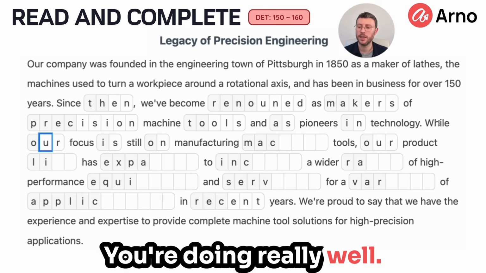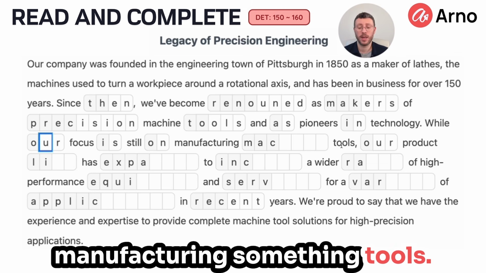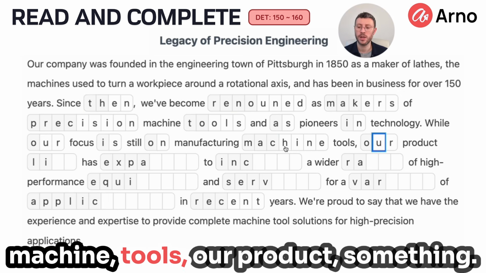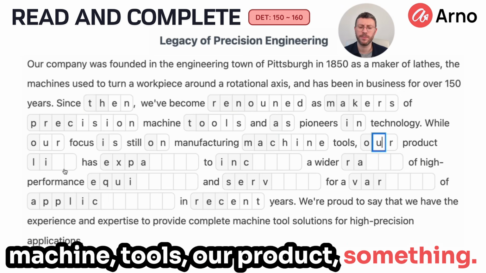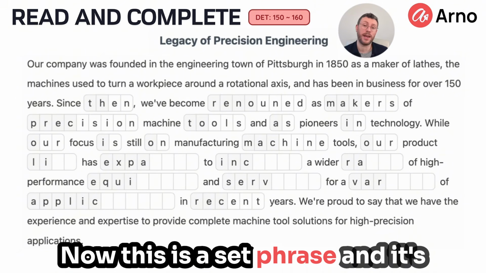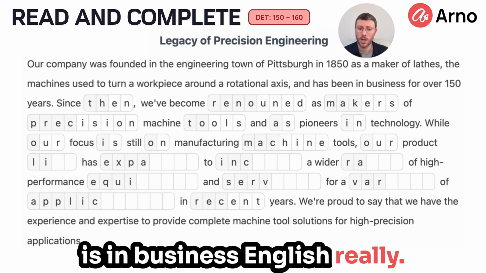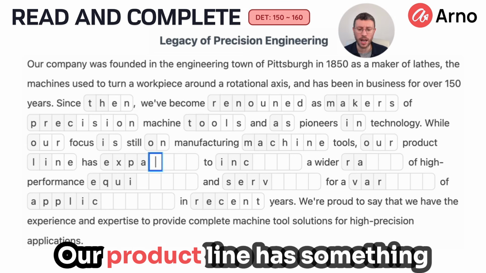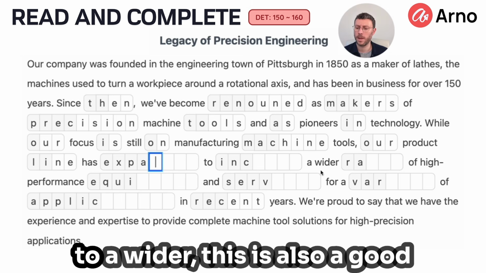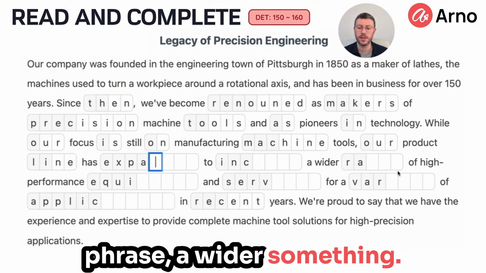Okay, you're doing really well. While our focus is still on manufacturing something tools, that just looks like a repetition, machine tools. Our product something. Now this is a set phrase and it's a business phrase. So this is business English, really. Product line. Our product line has something to a wider, this is also a good phrase, a wider something.